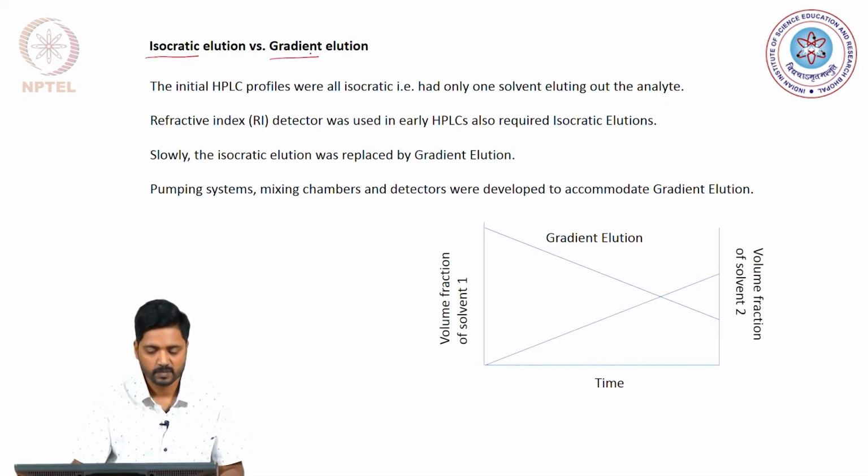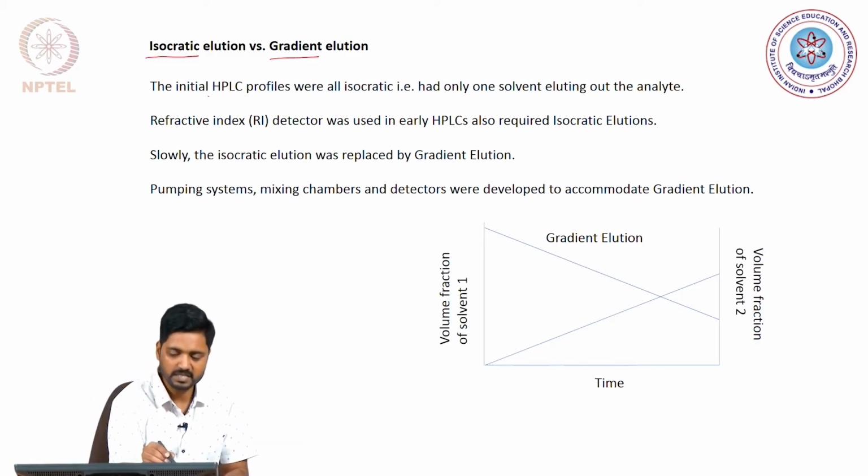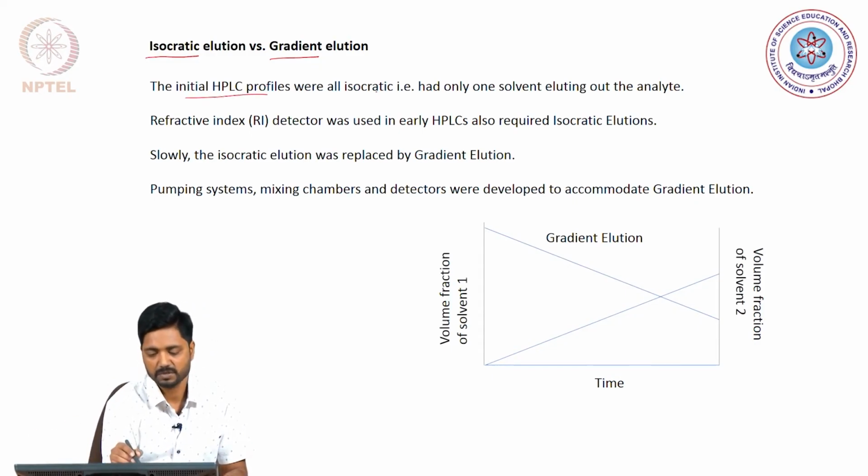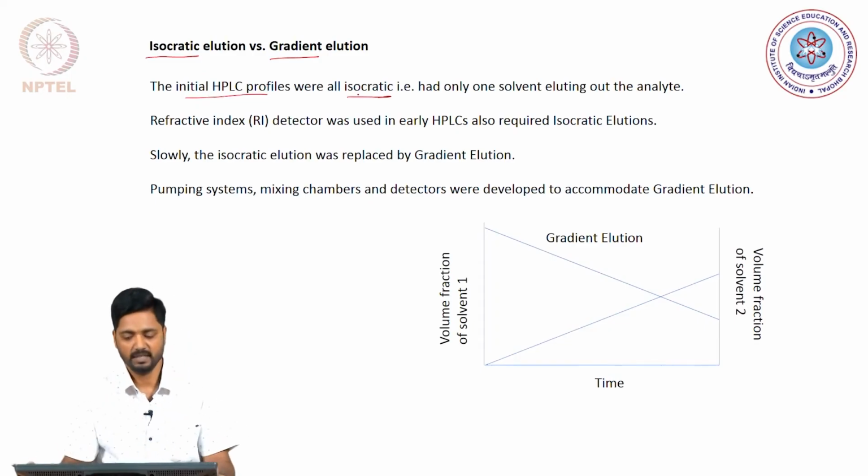What was originally done in the early HPLCs, and we are talking again about times which are about 50 years ago, was that the HPLCs were all isocratic. That means they had only one solvent that was used as the mobile phase to elute out the analyte or analytes of interest.